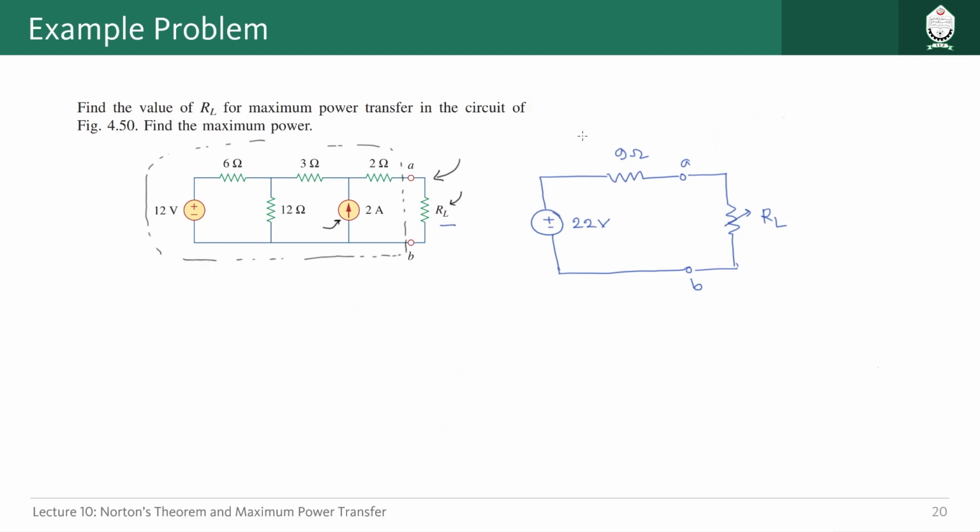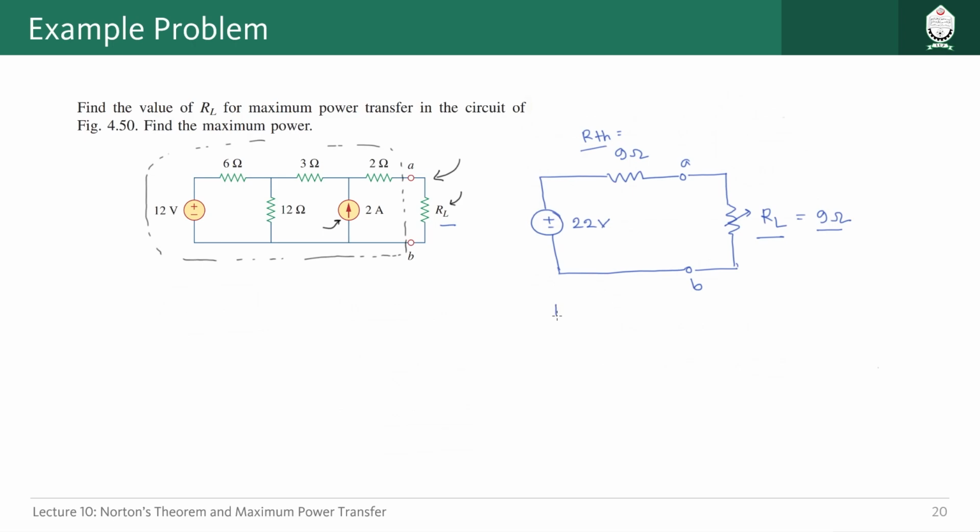And as we have found out the value of RTH is equal to 9 ohm, we can say that RL should also be equal to 9 ohm, because for maximum power to be transferred to our load, the value of resistance should be equal to the Thevenin resistance.